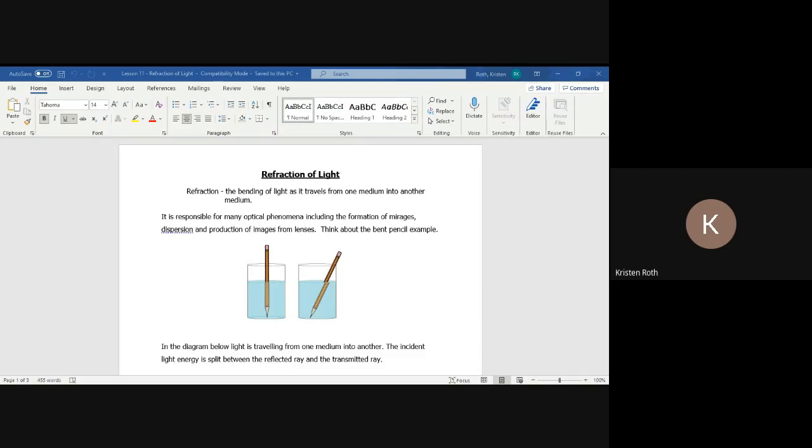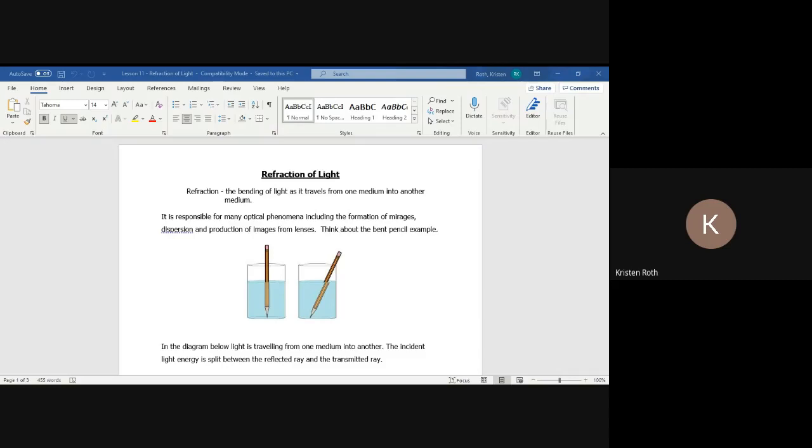So what happens here is that light is being reflected off the pencil in this picture. It's traveling at one speed when it's in the water, but when it gets to air, it speeds up.